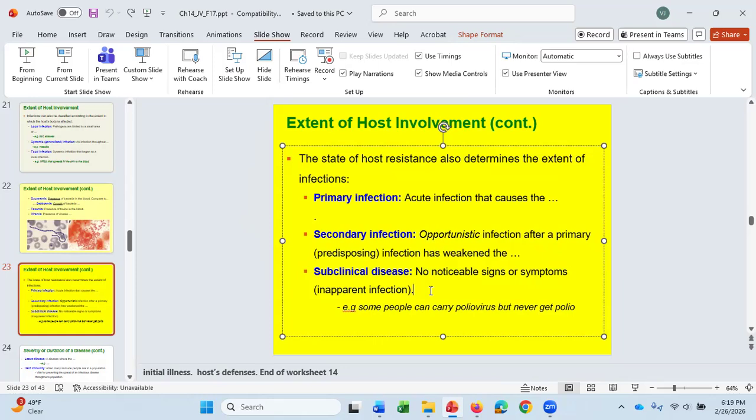It's true that some people can carry the polio virus, but they never get disease, signs, or symptoms of polio. Polio, if you don't know, is a very serious disease. If you have disease, signs, and symptoms, you'll become paralyzed.